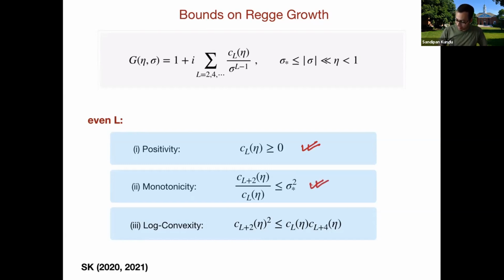And there is this very interesting nonlinear constraint that one can write down from the sum rule: the CL coefficients are a log convex function of the spin L. Log convexity is actually a stronger statement than convexity, so this is a very strong restriction.